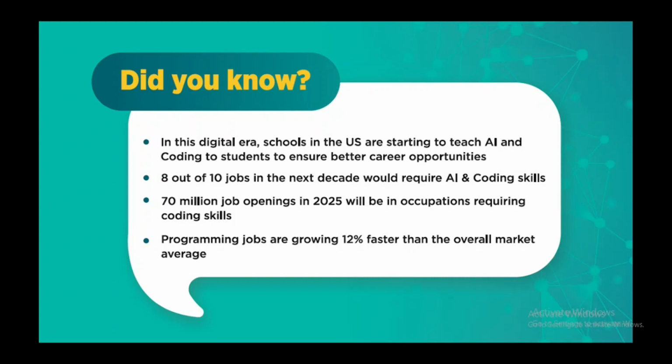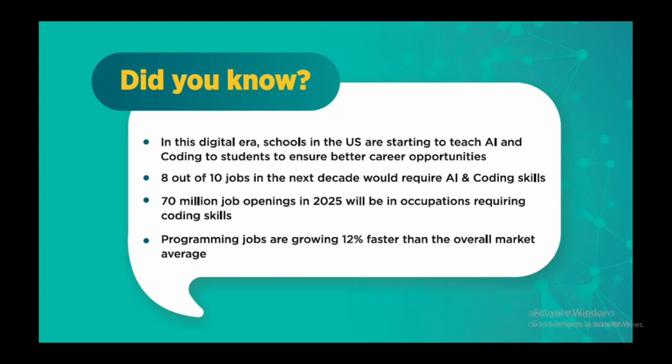Second thing says here that 8 out of 10 jobs in the next decade would require AI and coding skills. So we are training you to become a good programmer so that when generations cross fully into technology, and presently we have gone fully into technology, you'll be able to fit in and contribute in one area or the other.